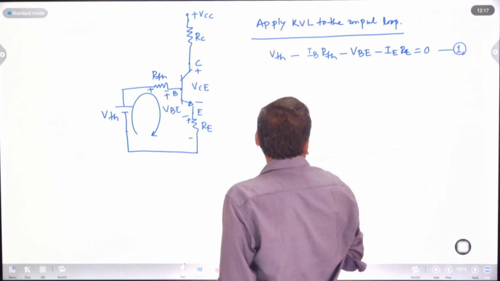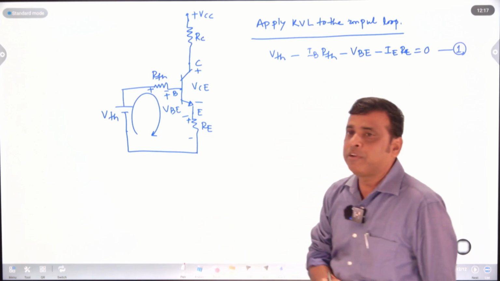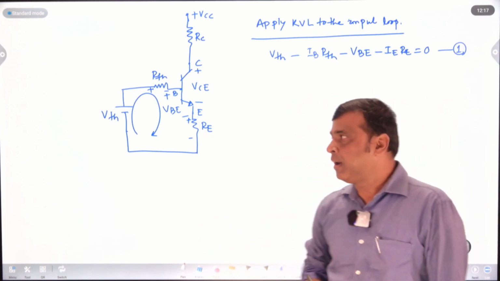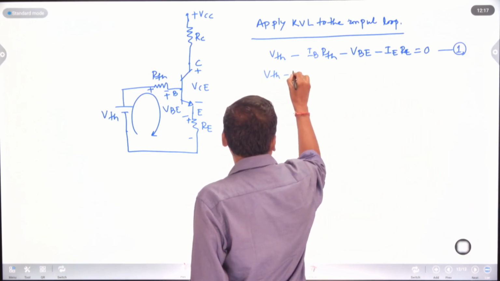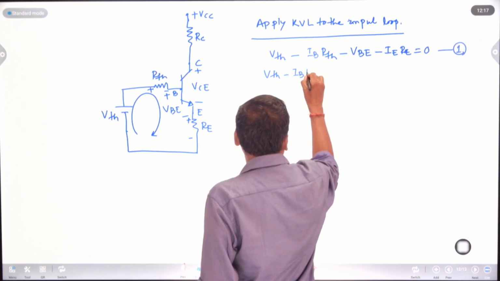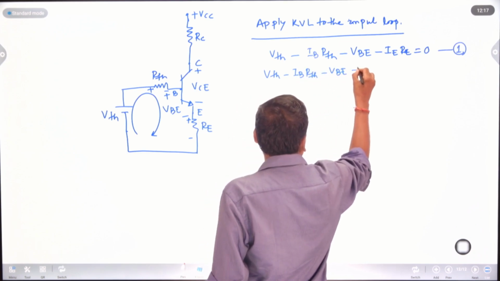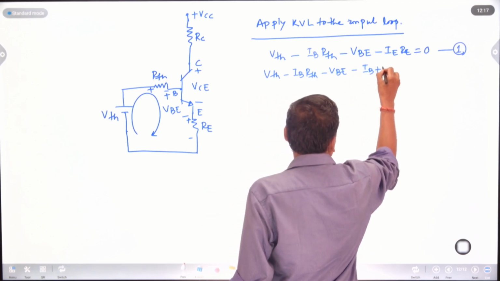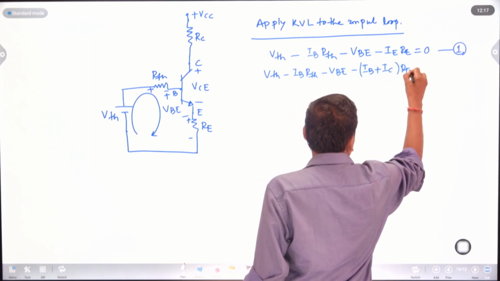Slightly modify the emitter current. As I already told you, the emitter current is nothing but base current plus collector current. So in place of the emitter current, VTH minus IB RTH minus VBE minus, in place of IE you can write IB plus IC, into RE equal to 0.